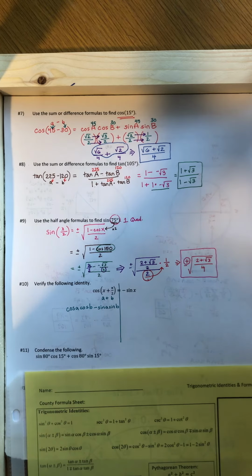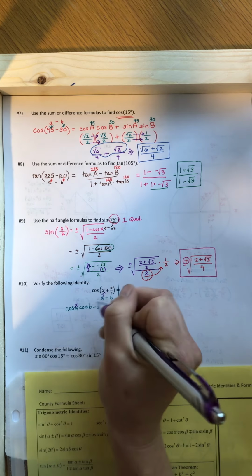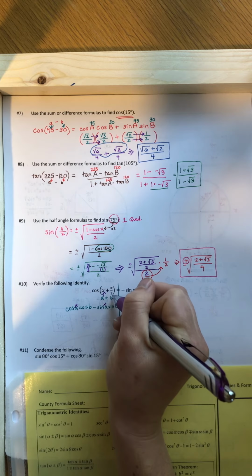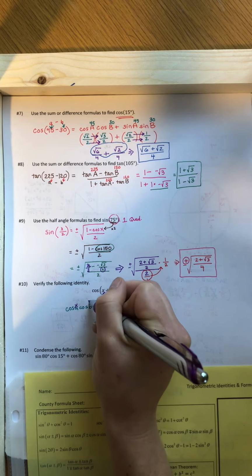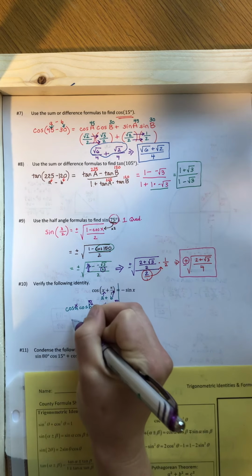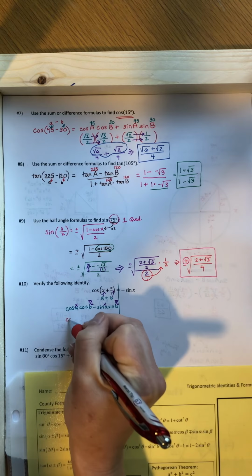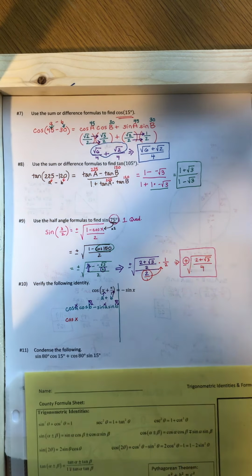Now, all the A's are actually X's, and all the B's are pi over 2. So we don't know what the cosine of X is, so just leave that be.